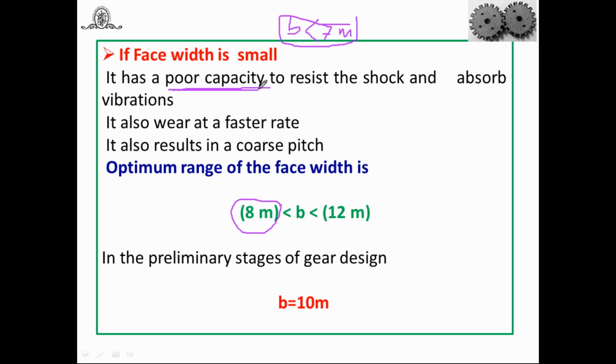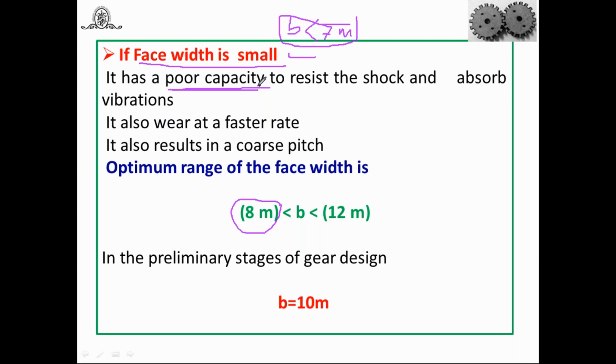Shock absorbing capacity, or vibration absorbing capacity, gets reduced if it is less than 7 m or near about 8 m. That means when the face width is small, the gear tooth has a poor capacity to resist shock and absorb vibration. This is the first one.